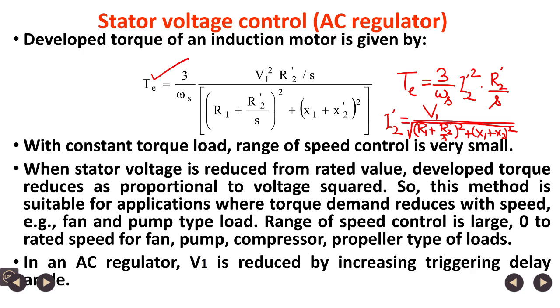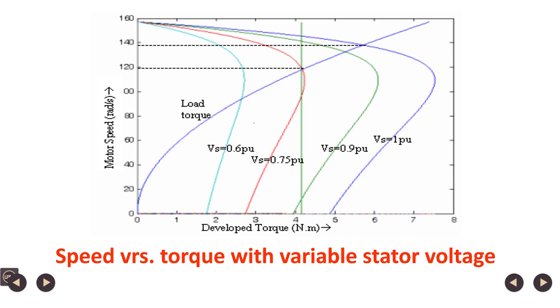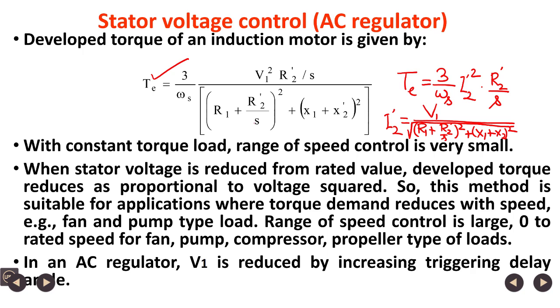From it we can see that as the motor voltage V_1 is changed, T_e and S both change, because T_e is a function of applied voltage V_1 and slip S.